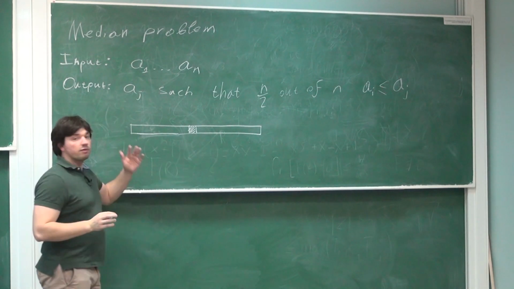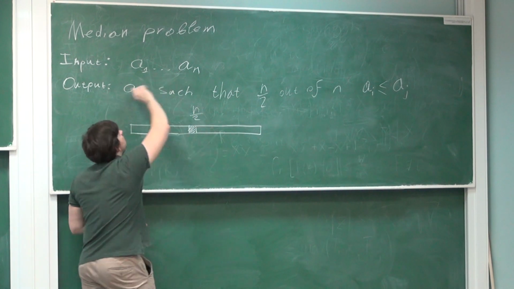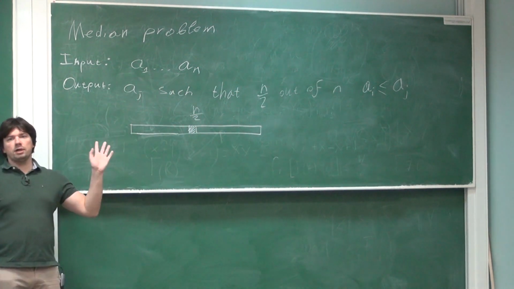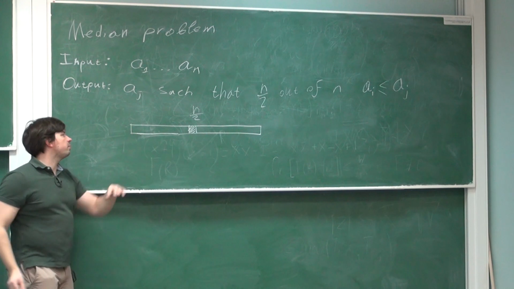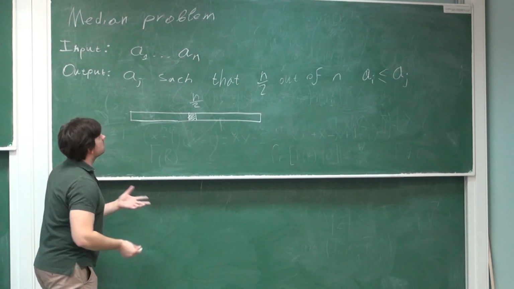At the beginning I'm looking for the element that, if I sort A1 to AN, will be in place n over 2. I want my algorithm to do something like this.